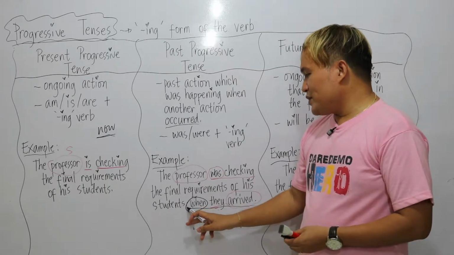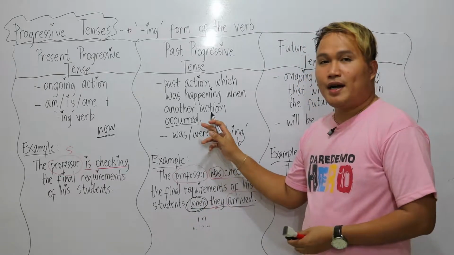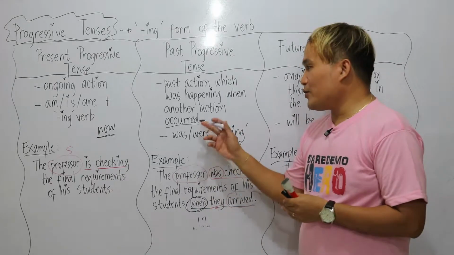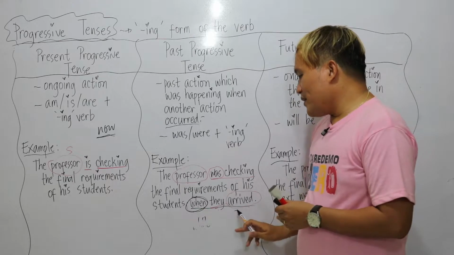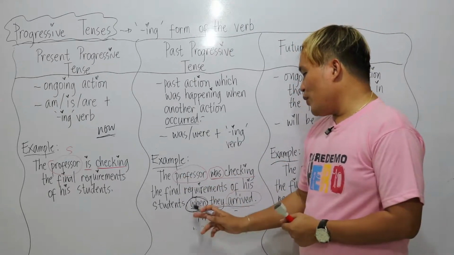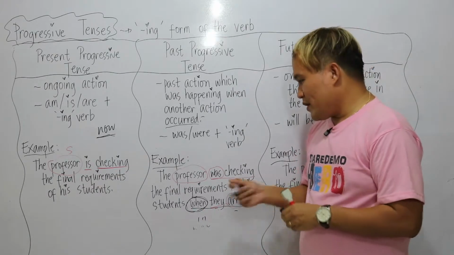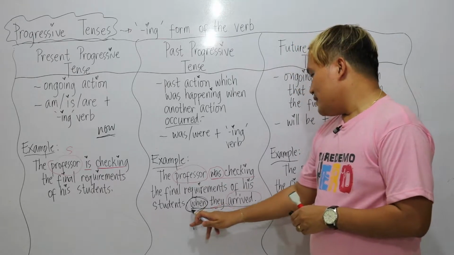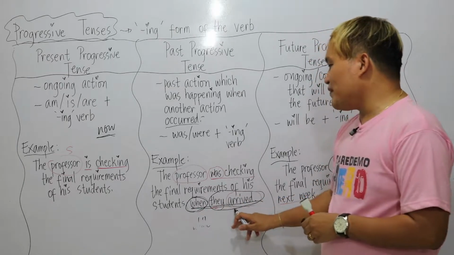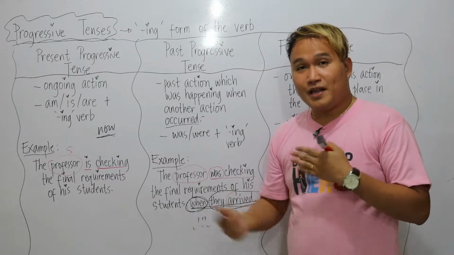As you notice, I have encircled here the word when, just to give emphasis that there were two actions. That there was another action already occurred. So when they arrived. Which do you think here happened first? The professor was checking, or when they arrived? When they arrived. Very good. So this phrase here, they arrived, this action already occurred first, or happened first, while the professor was checking.